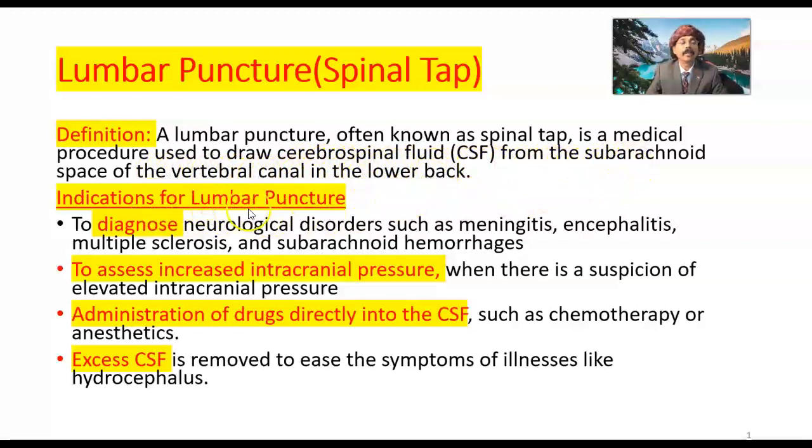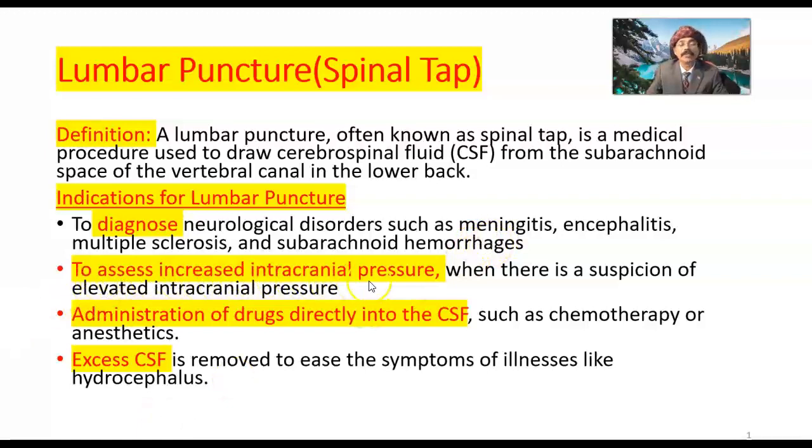Indications for lumbar puncture: to diagnose neurological disorders such as meningitis, which could be bacterial, viral, or fungal, encephalitis, multiple sclerosis, maybe Guillain-Barré syndrome, maybe neurosyphilis, and maybe subarachnoid hemorrhage.